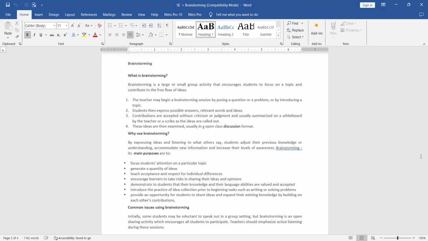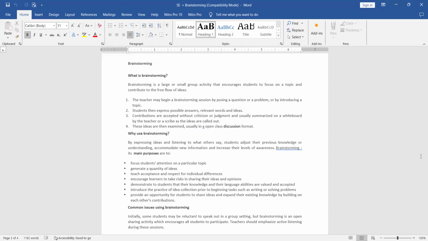So, without criticism or judgment, the teacher or the scribe can put all these on the board. Write all what they say on the board, right? These ideas are then examined, usually in an open class discussion format.